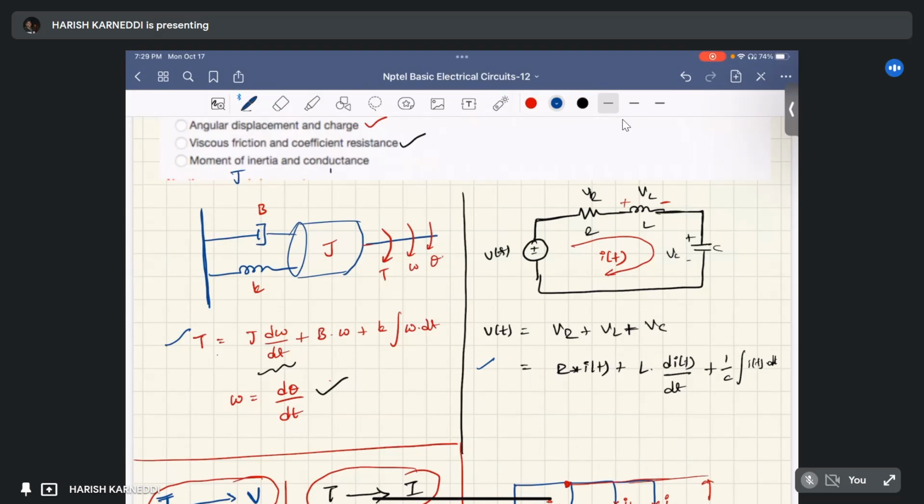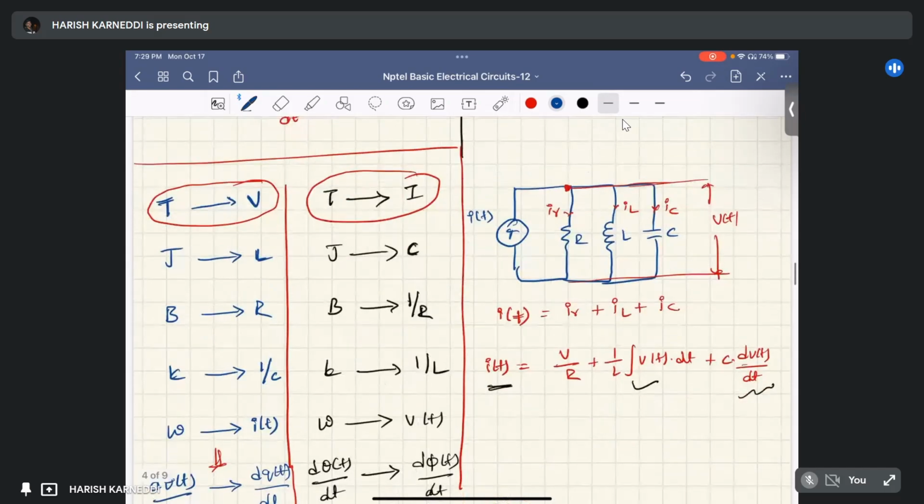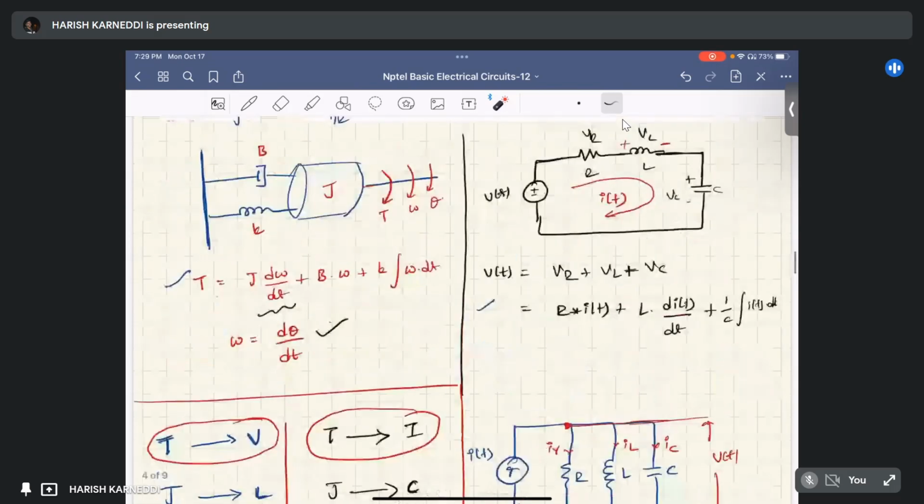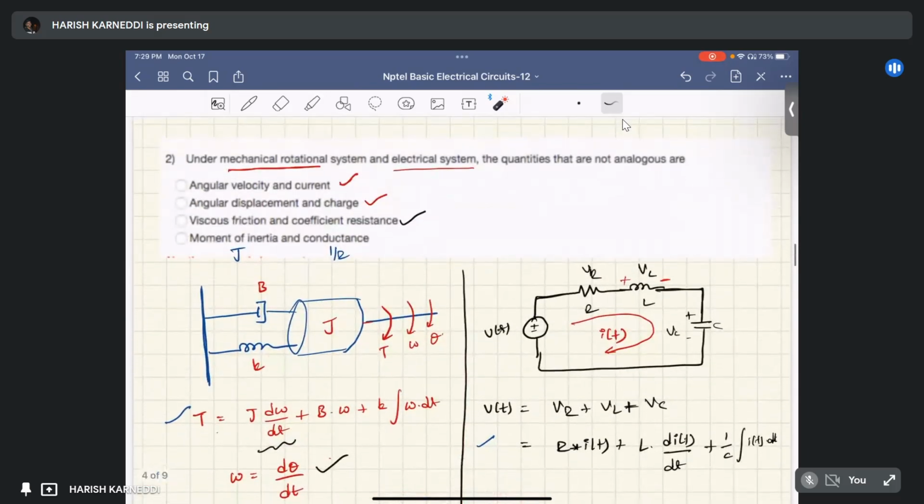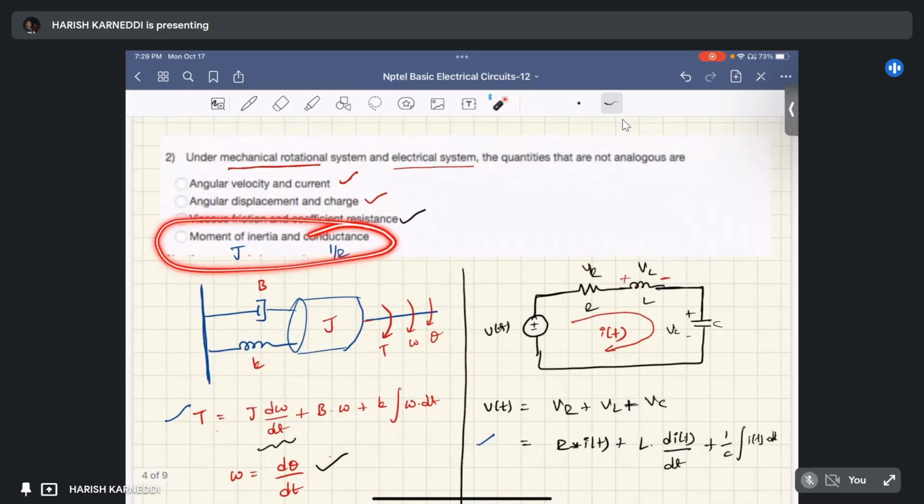And conductance is 1 by R. So we can see that in the torque voltage analogy, moment of inertia is analogous to inductance, and in the torque current analogy, the moment of inertia is analogous to capacitance. So the last one is not analogous. This is our answer.